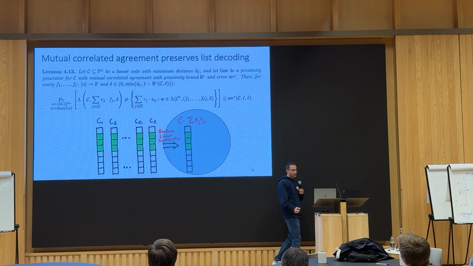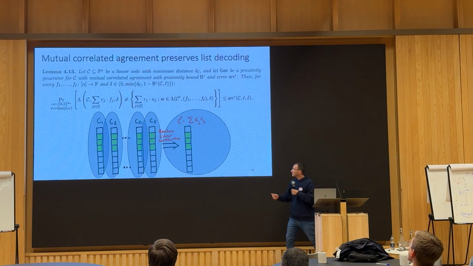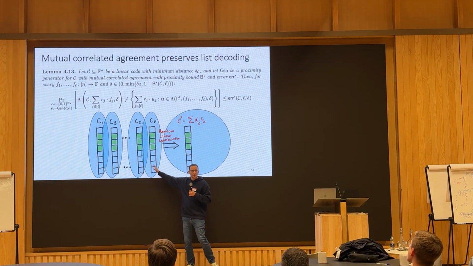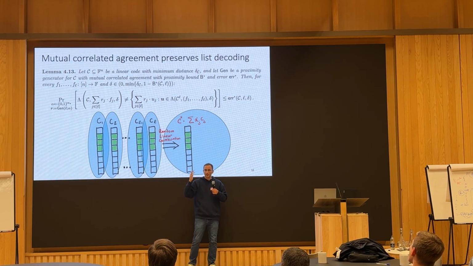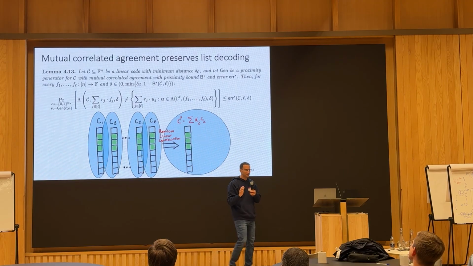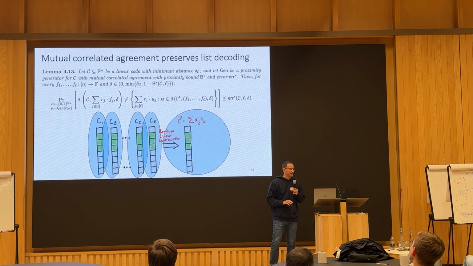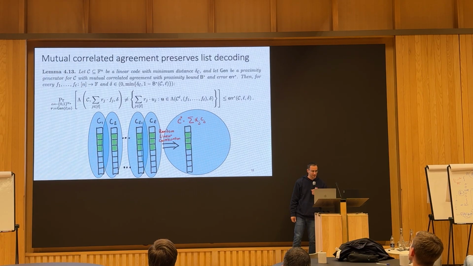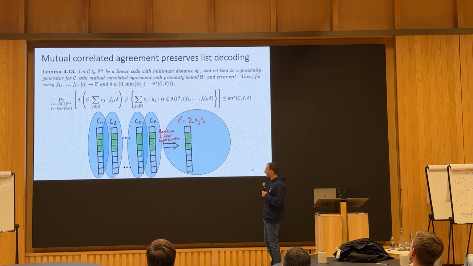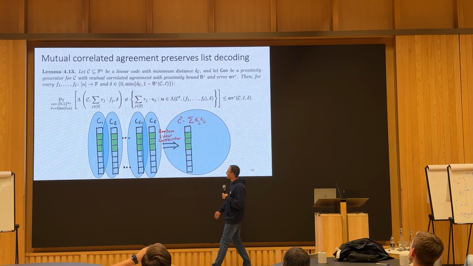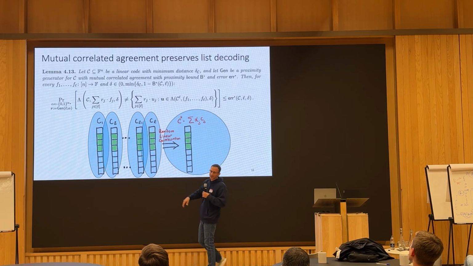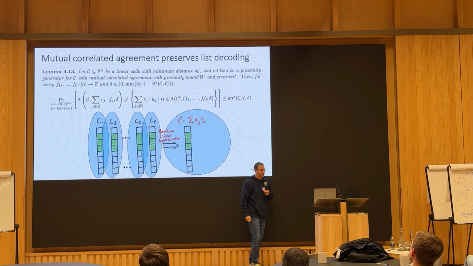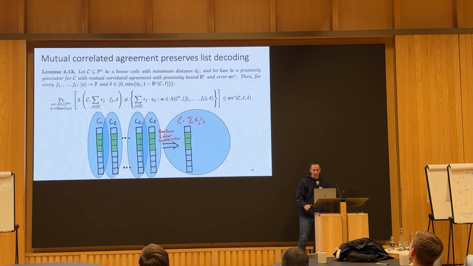Now we can look at the list decoding of each of the C_i's. Each one has a list decoding, has a circle. I'm looking at it as one interleaved codeword, all of them.